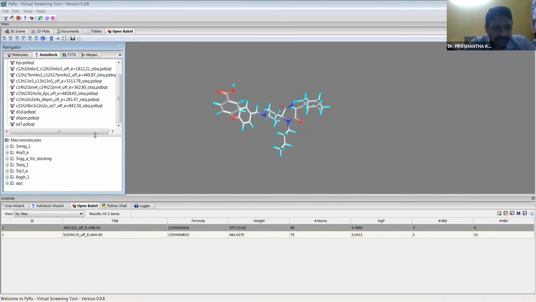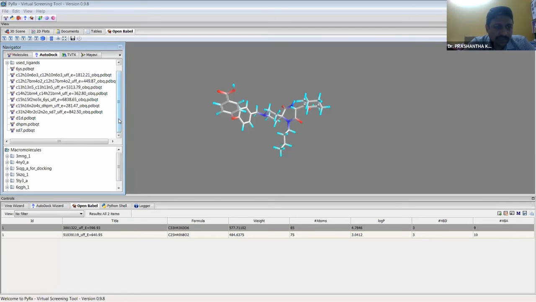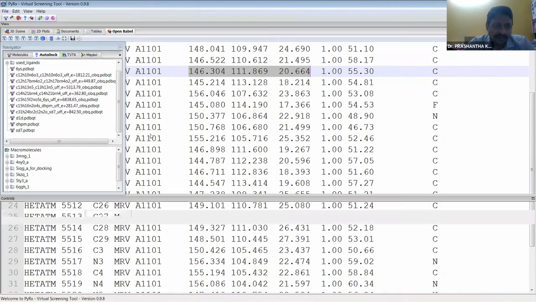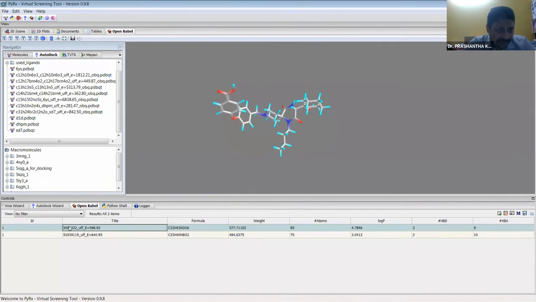No, we usually won't take the co-crystal structure because the Maraviroc coordinates, whatever we have, are from the crystal structure. So that is why we will not take this ligand Maraviroc for the energy minimization. Okay. Now whatever we have it, right?